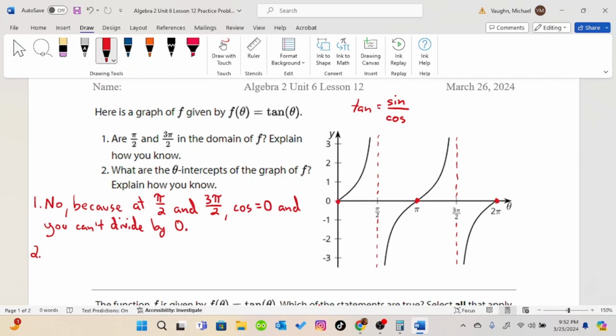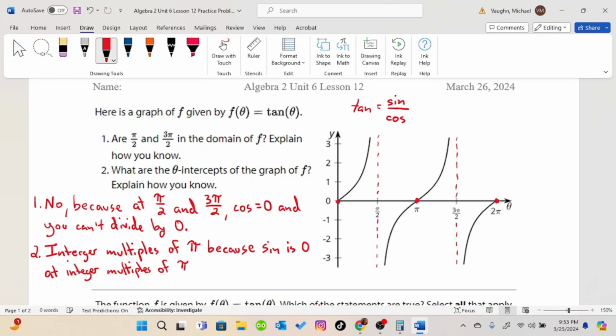So the intercepts are integer multiples of pi because sine is 0 at integer multiples of pi, and 0 divided by anything is 0.